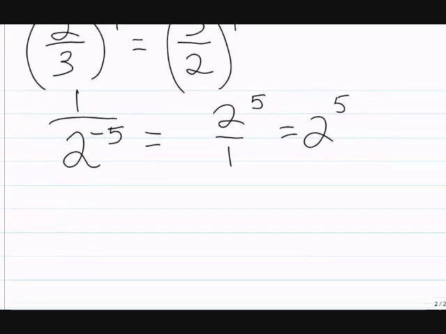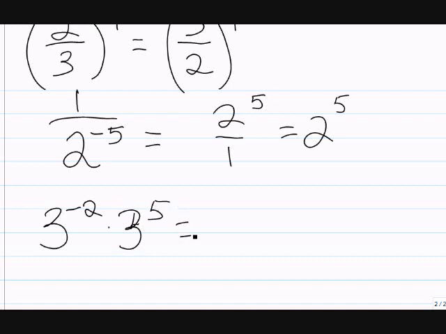Okay, so now we need to apply those rules a little bit. So let's try 3 to the negative 2 times 3 to the fifth power. Do you remember our rules from yesterday?